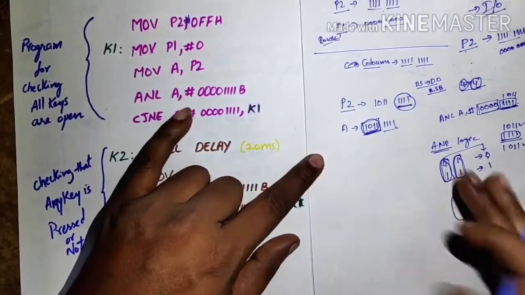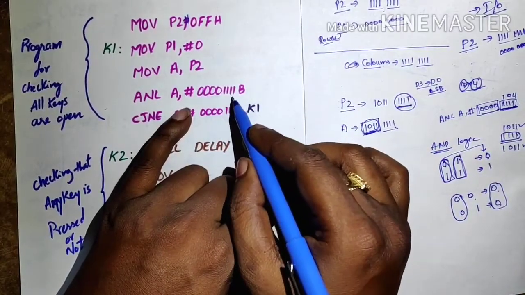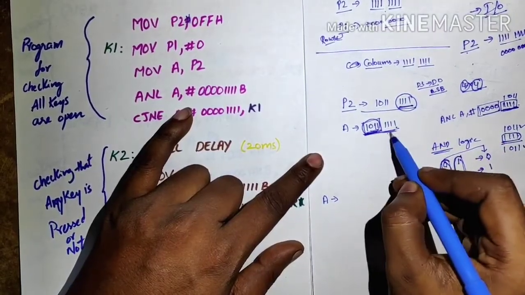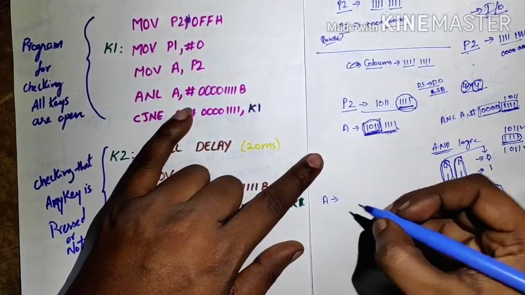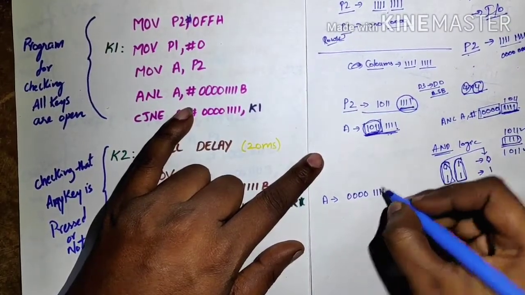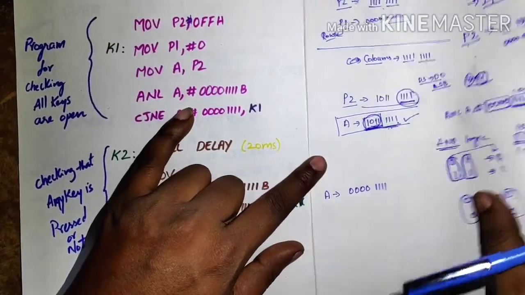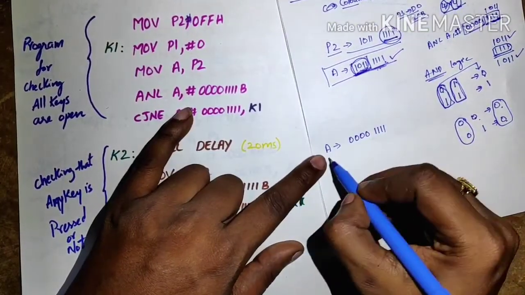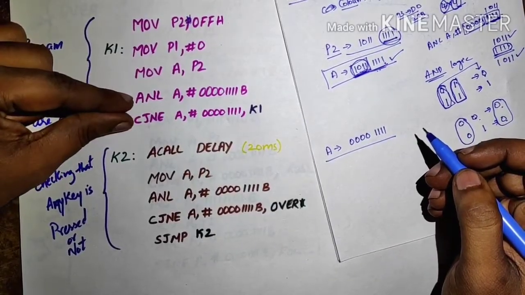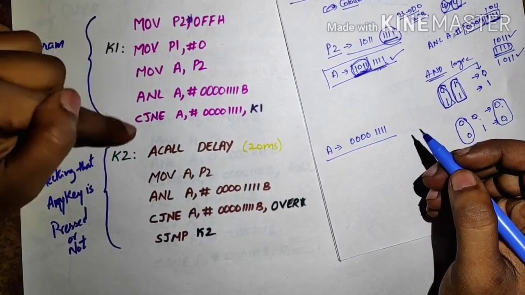So finally, after applying AND logic with 00001111 on the accumulator, which holds the value of P2, the MSB bits will be zeros and the LSB bits will keep their values. Keep in mind what we have done here, because these two lines will be used repeatedly in our program.